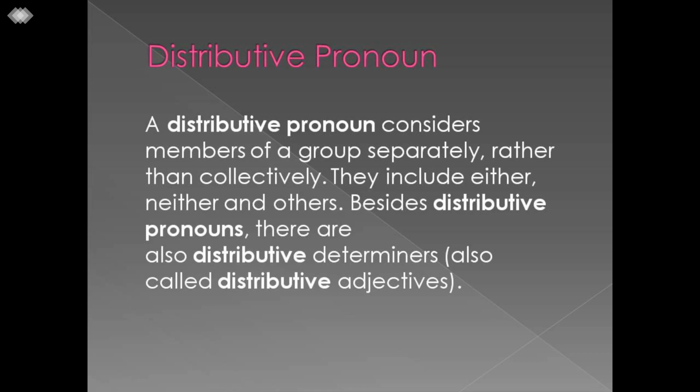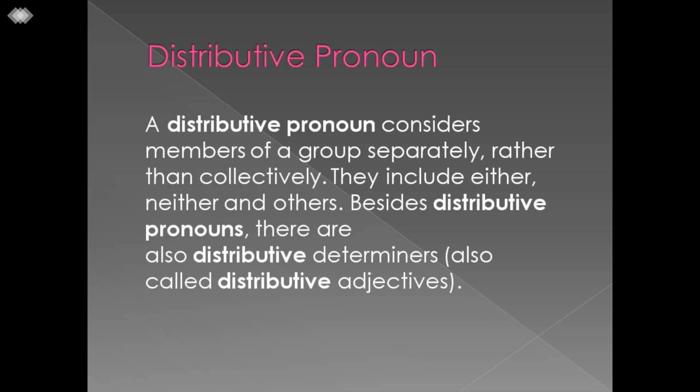Sixth, distributive pronoun. A distributive pronoun considers members of a group separately rather than collectively. They include either, neither, and others. Besides distributive pronouns, there are also distributive determiners, also called distributive adjectives.